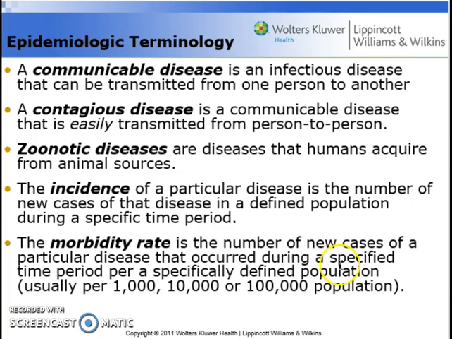We also will want to have a specified time period, and let's say that's again the last 2 months. Then what you want to see is the number of new cases of a particular disease that occurred during that time period. So you're looking for the existence of new cases of a particular disease. That's the difference between incidence and morbidity rates.